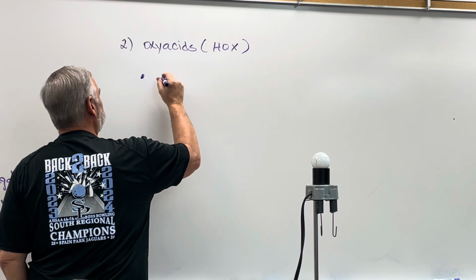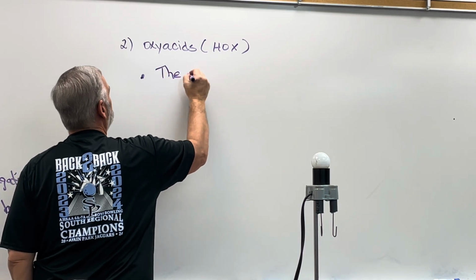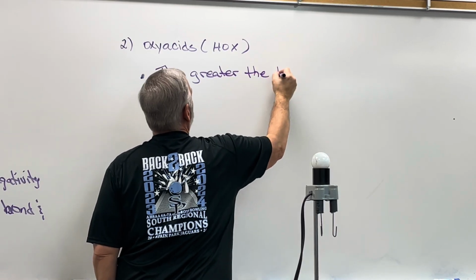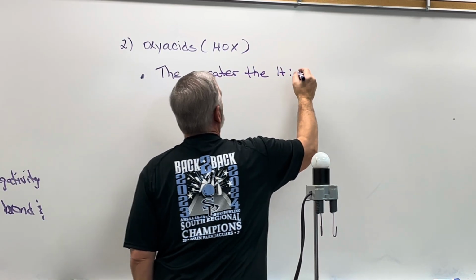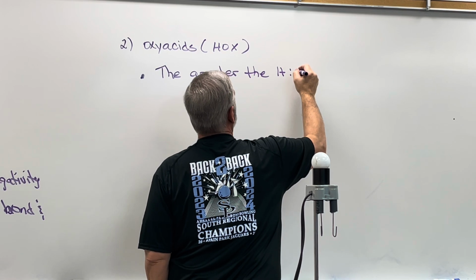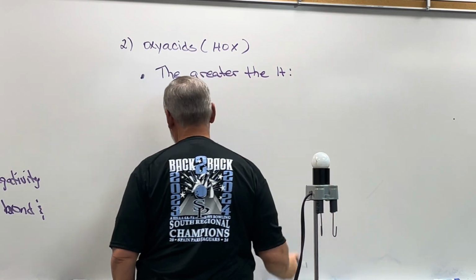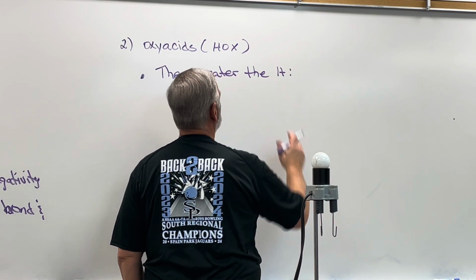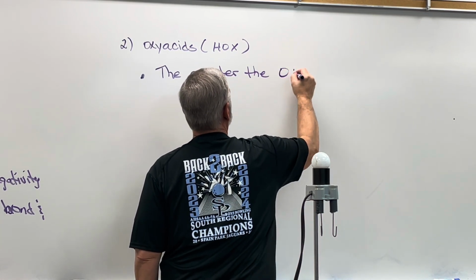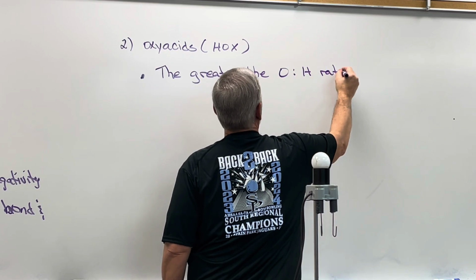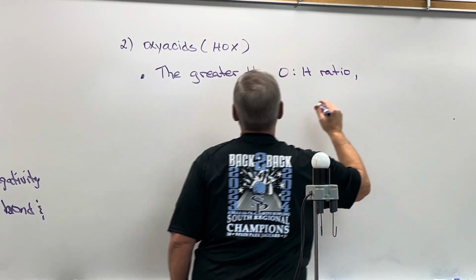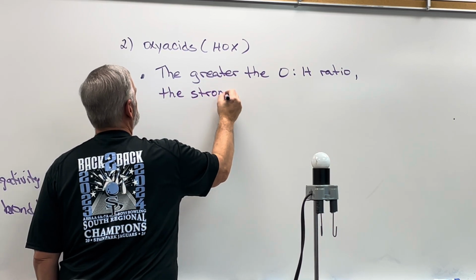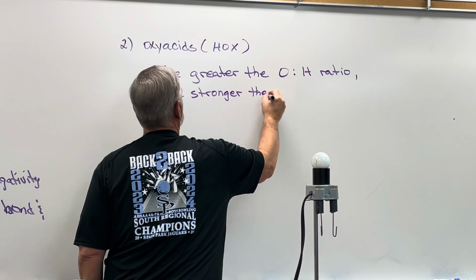So, the greater the oxygen to hydrogen ratio, H2SO4, HClO4, the stronger the acid.